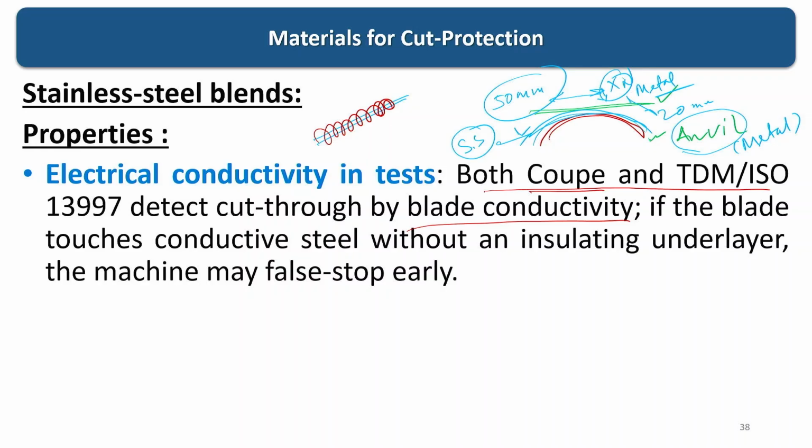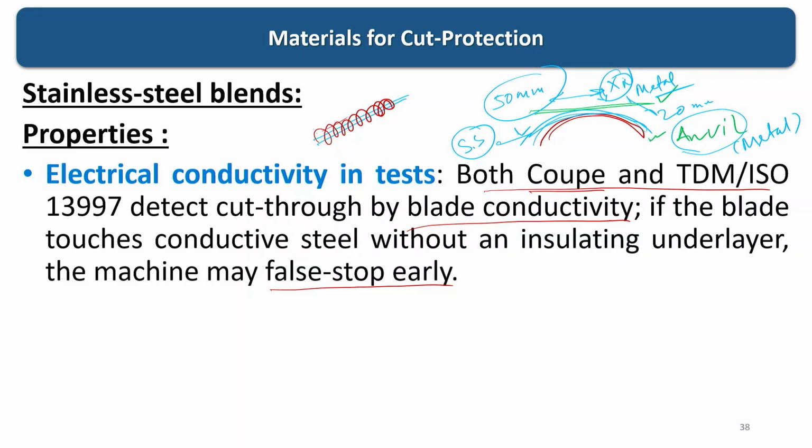This fabric we have prepared, and as soon as the top portion core is cut, the total fabric is not totally cut. So, the core is cut, immediately there will be a contact, and that will create a false reading and stop early before it cuts.